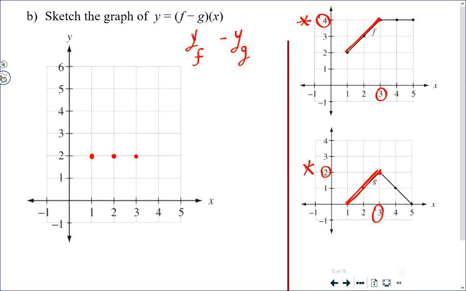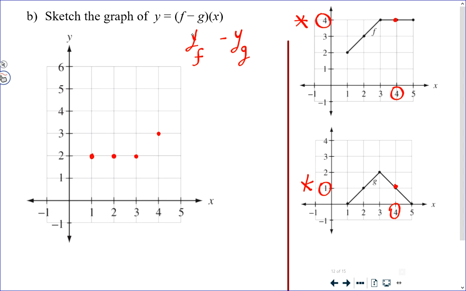That's going to change now as soon as we get to the next x-coordinate, which I think is going to be 4. When x is 4, the y-coordinate on f is 4. When x is 4, the y-coordinate on g is 1. We take f, which is 4, minus g, which is 1, and now the difference is 3.